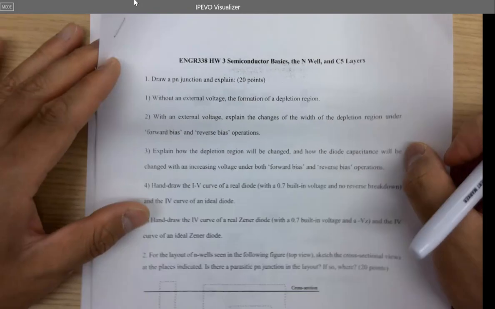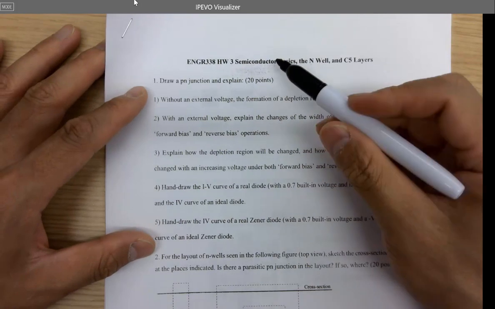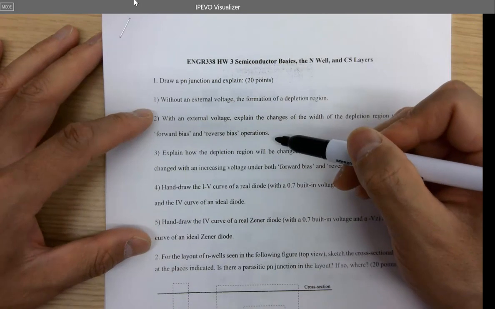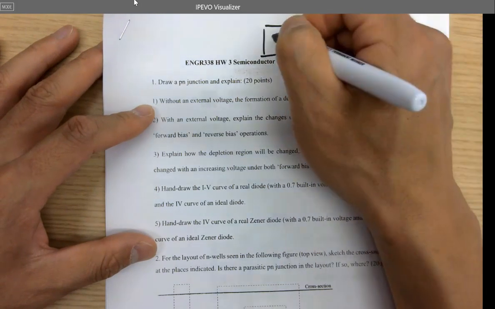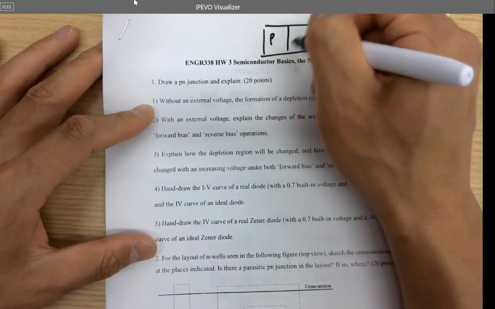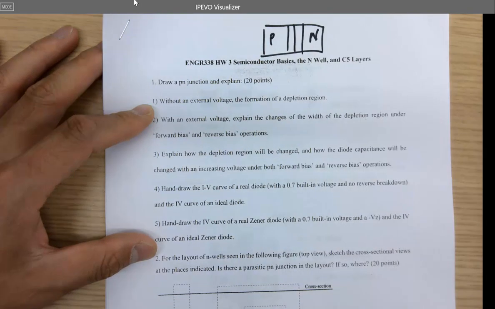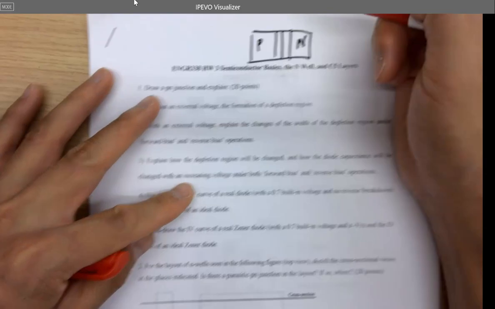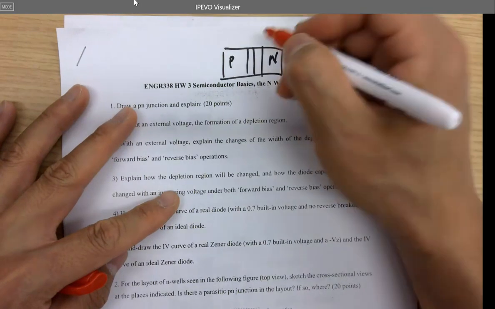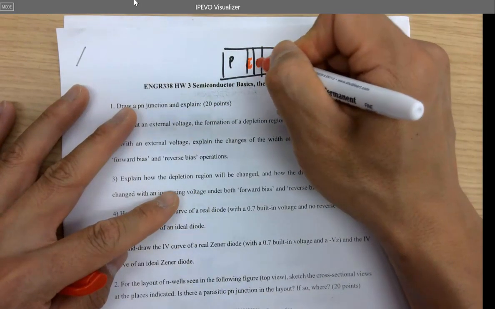Draw a PN junction, I'll explain. So, forward bias. First, if you draw a PN junction, in the depletion region on the left-hand side, are you getting electrons or holes? Electrons. Keep in mind, don't get confused.